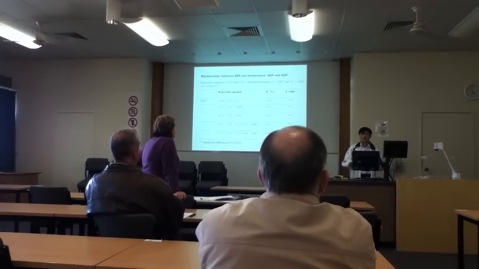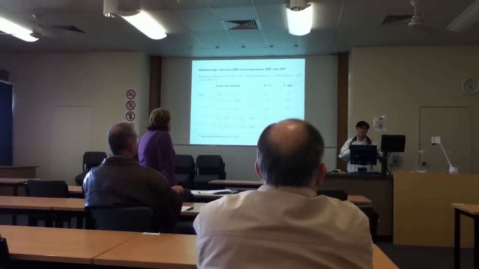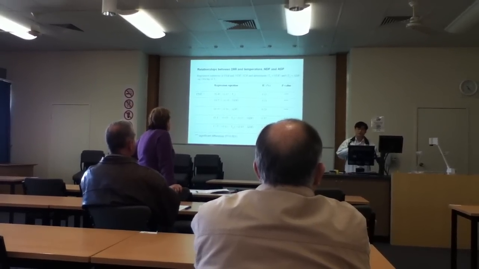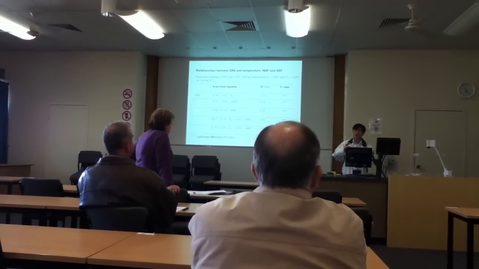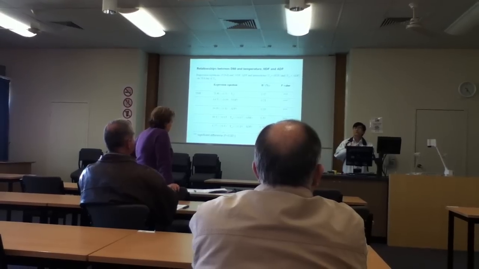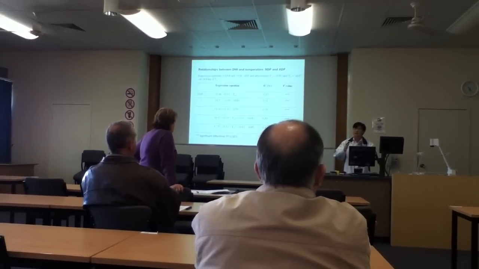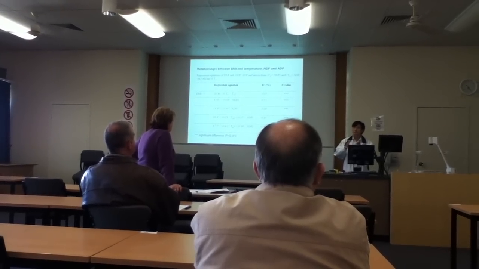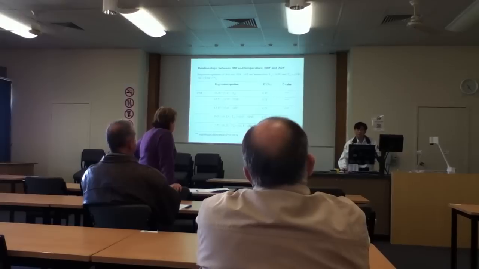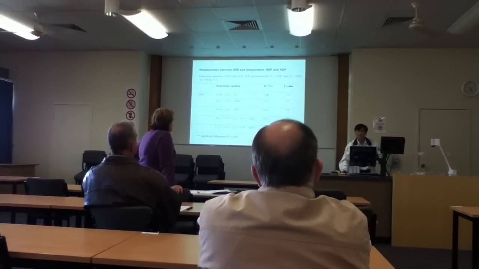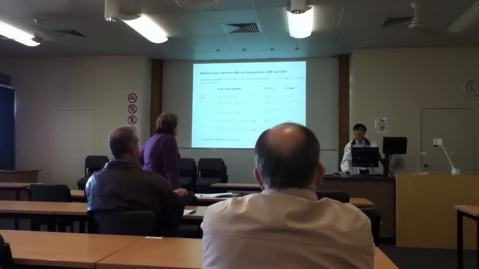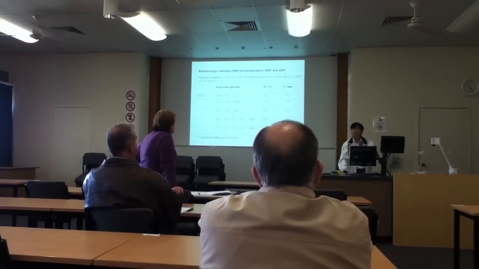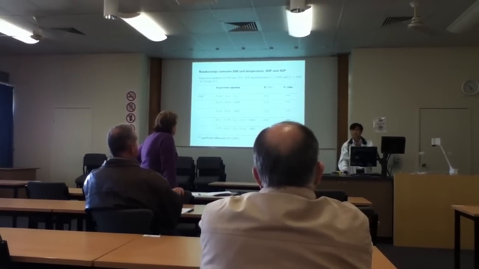So when we look at the relationship, we make sure that the p-value is less than 0.05 to make sure that they have a relationship. But for the strength of the relationship, the R square here accounted for only 50%, so they don't have a very strong relationship.